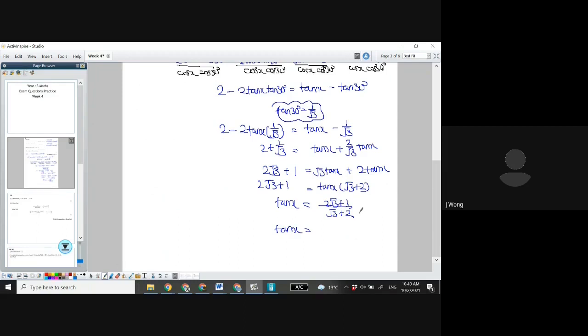In order to get the next step, you should just rationalize this. You could do either root 3 minus 2 or 2 minus root 3, it doesn't really make a big difference.